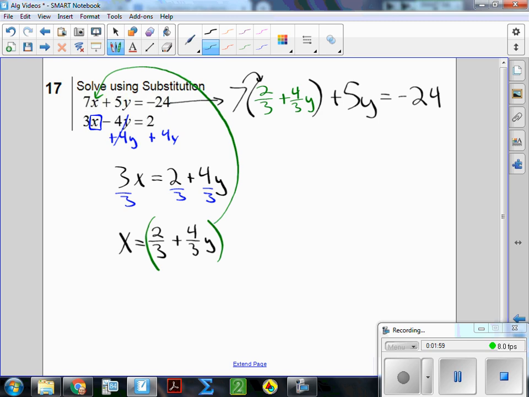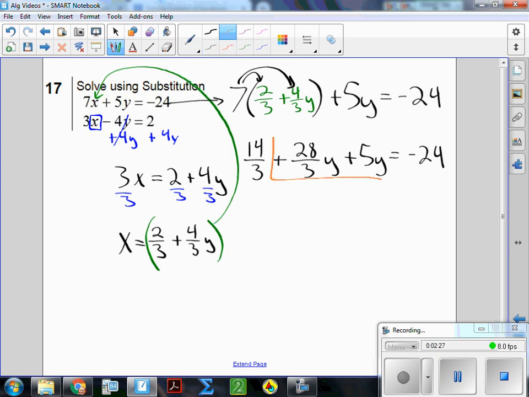You can also use your calculator for help, but 7 times 2/3 is going to be 14/3. Most calculators will give you that as your outcome. Some calculators will tell you 4 2/3. That's fine. 7 times 4/3 is going to be 28/3 y plus 5y equals negative 24.